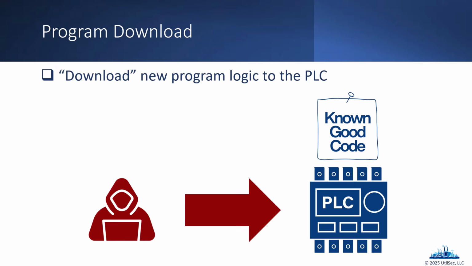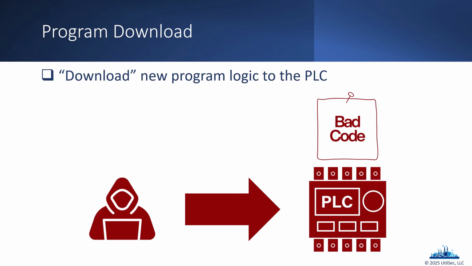But what if we can find that current programming logic that's running, review it, read it, and then make just slight changes to potentially have an impact, and then put that on the PLC? Now we have the PLC running our code, the bad code. And maybe the operators don't even see anything wrong, and maybe nothing happens right away. But it's sitting there waiting until that point in time where we choose to trigger it to have that impact.